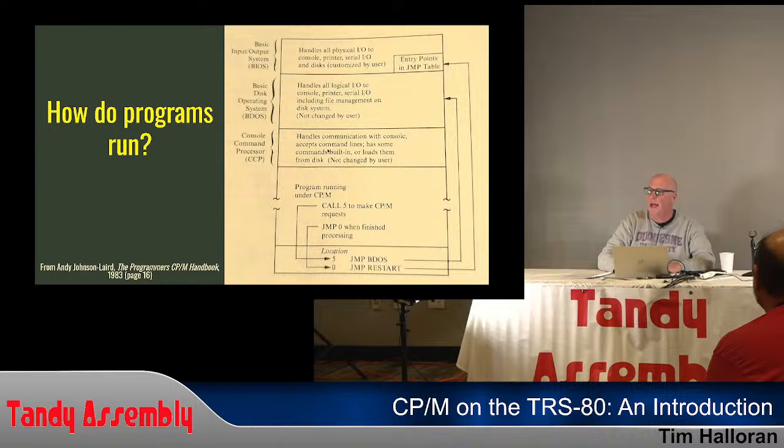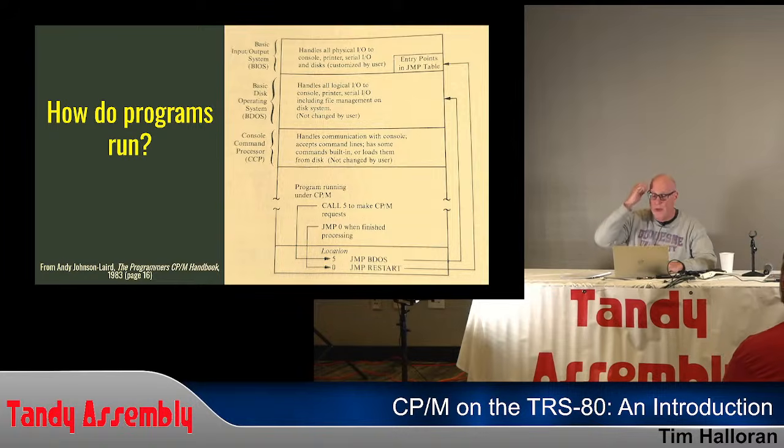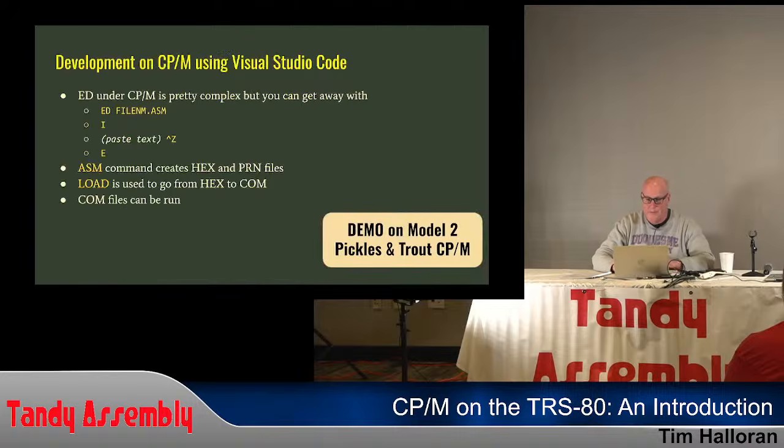This is the thing that handles the command line and the prompting and all of that. So this is like extraneous. So your program can actually use memory all the way up to this BDOS line. So this goes away. So when you call jump 0, it goes back into the BDOS and it will actually reload this from the disk back into its right place in memory, then do the prompt. So that's kind of what's going on when you're running programs.